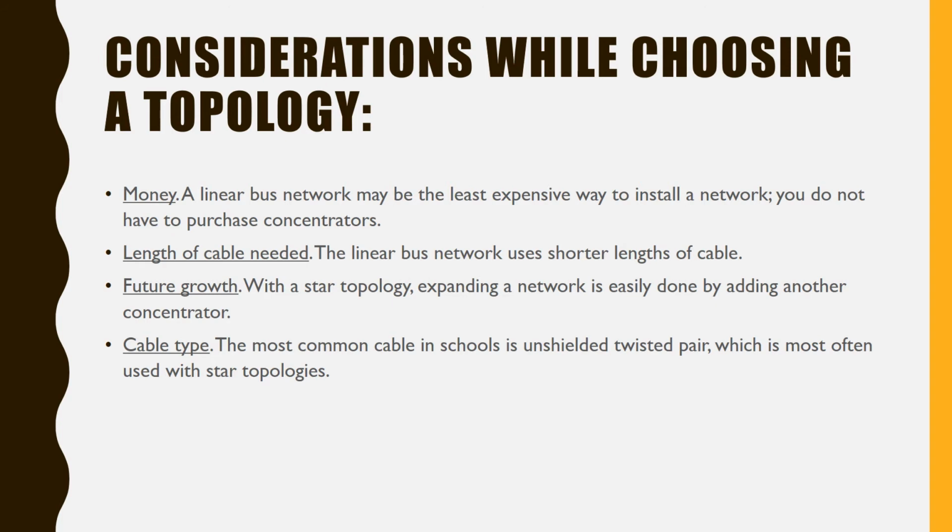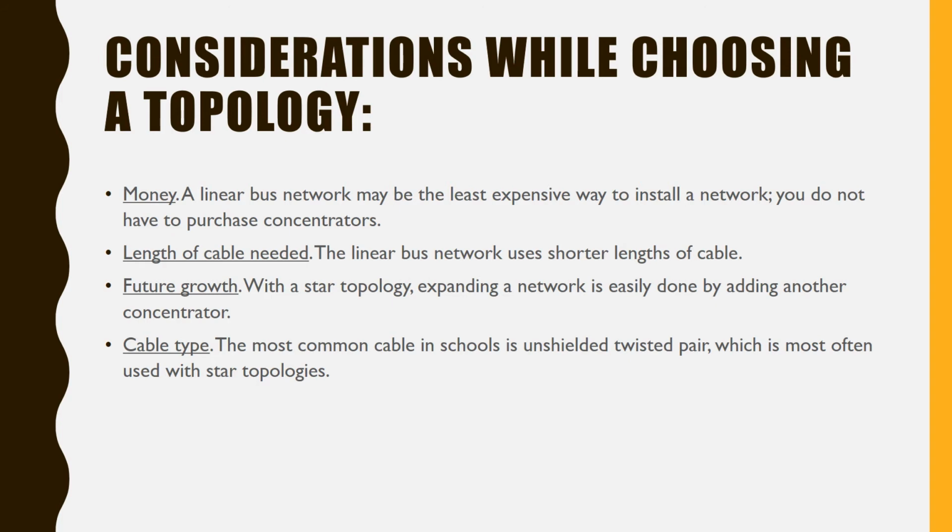So the most inexpensive topology for a network is the bus topology. Then the length of cable needed. Secondly, we have to decide how much length is needed, and which type of topology is required.